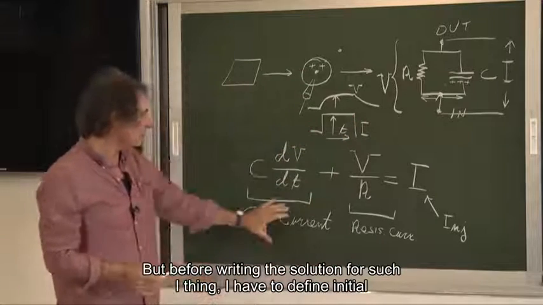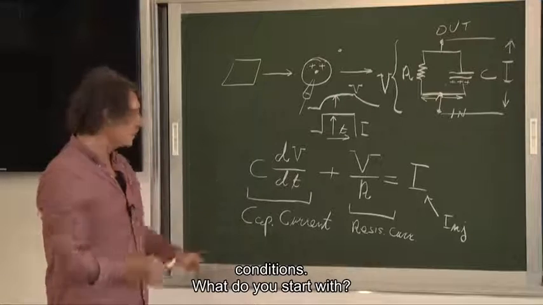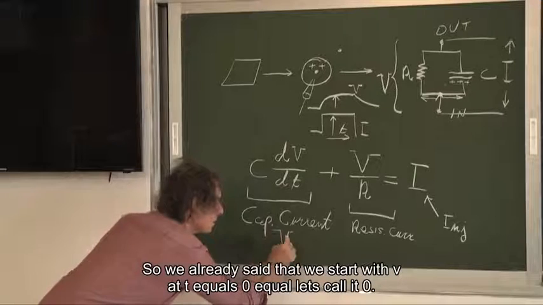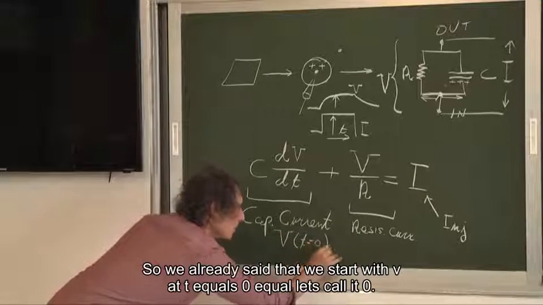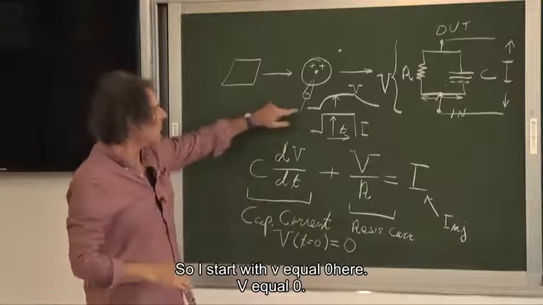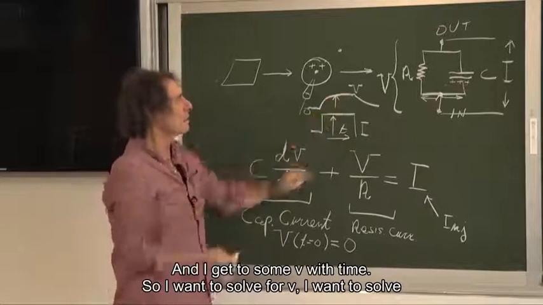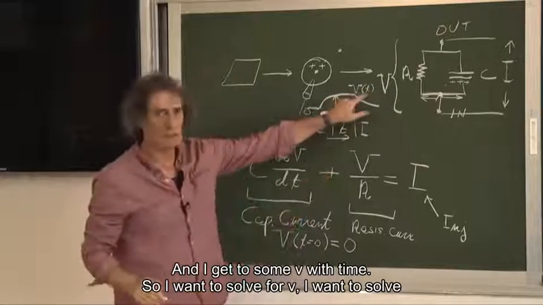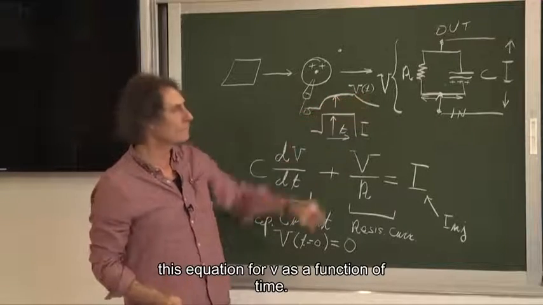But before writing a solution, I have to define initial conditions. What do you start with? We already said that we start with V at t equals 0 equal to 0. So I start with V equals 0, and I get to some V with time. I want to solve this equation for V as a function of time.